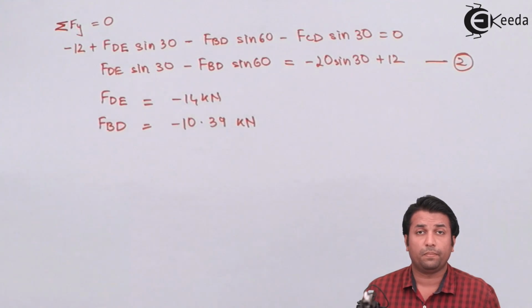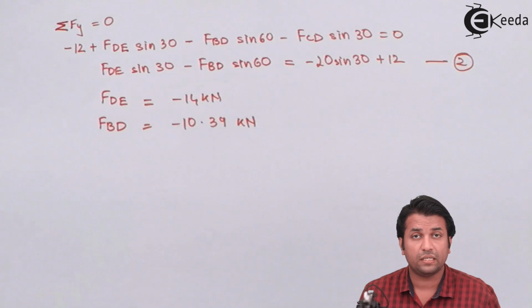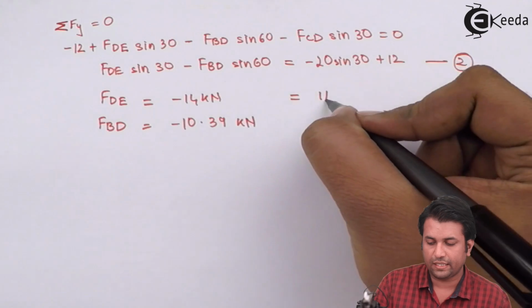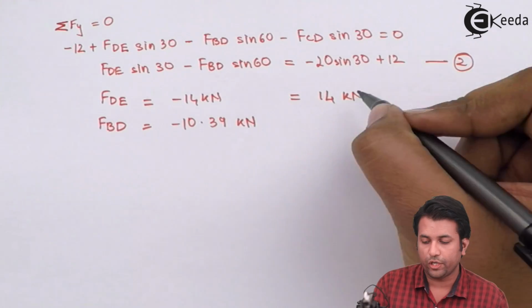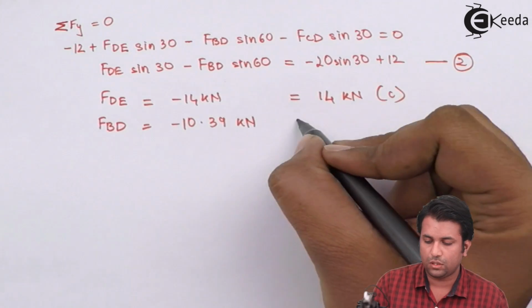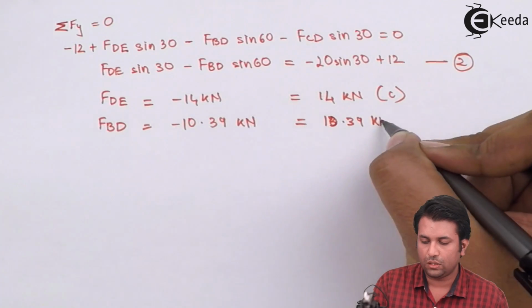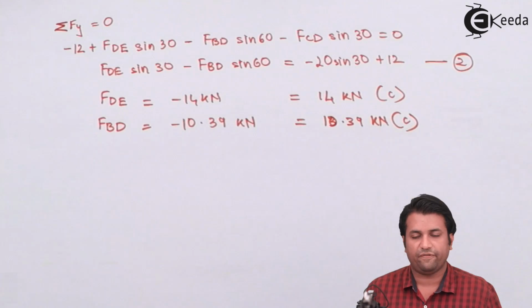That means the nature of the forces in both the members will be compressive. So I can simplify that and write it as 14 kilonewtons compressive force and 10.39 kilonewtons, again a compressive force.